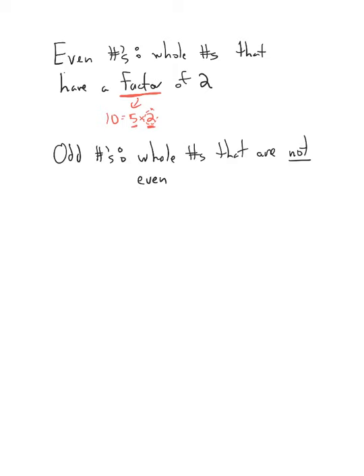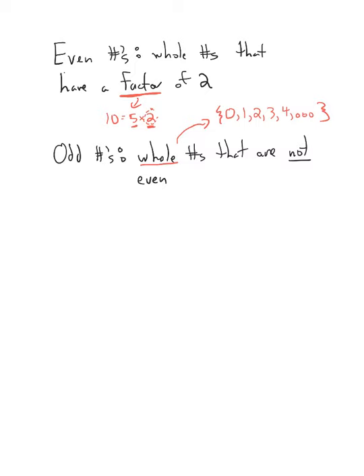Let me clarify whole numbers here. When I talk about whole numbers, I'm talking about numbers like our counting numbers including 0. So 0, 1, 2, 3, 4, 5, 6, all the way infinitely far. That's what I mean by whole numbers.